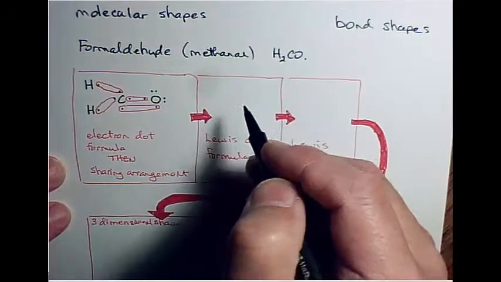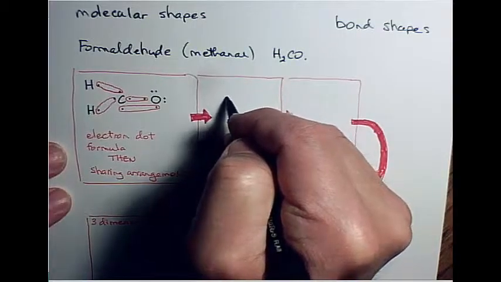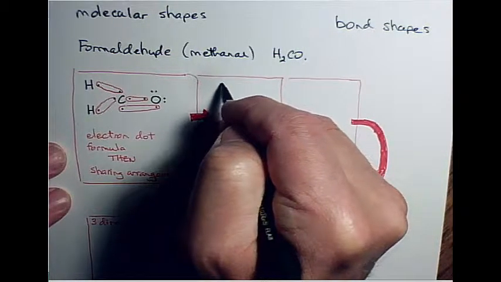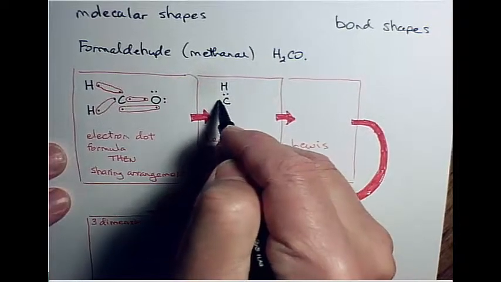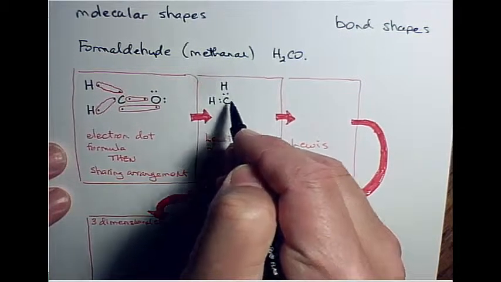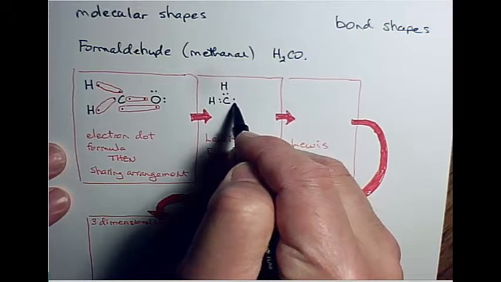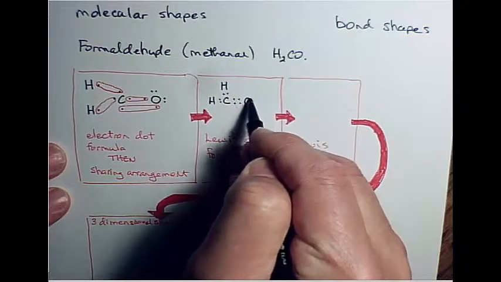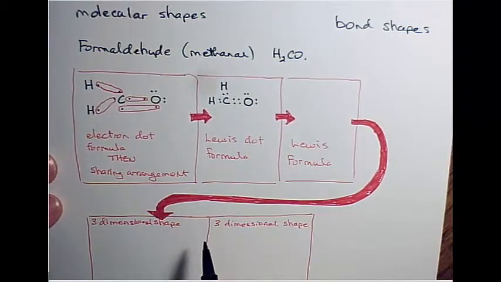With the Lewis dot formula, we simply squeeze the electron dots between the element symbols. So here's the carbon, and I'm going to squeeze the 2 electrons between the carbon and hydrogen, and now I'm going to do this one. Then I'll have 4 electrons between carbon and oxygen, and those lone pairs have to stay there. Okay, and that's the Lewis dot formula.